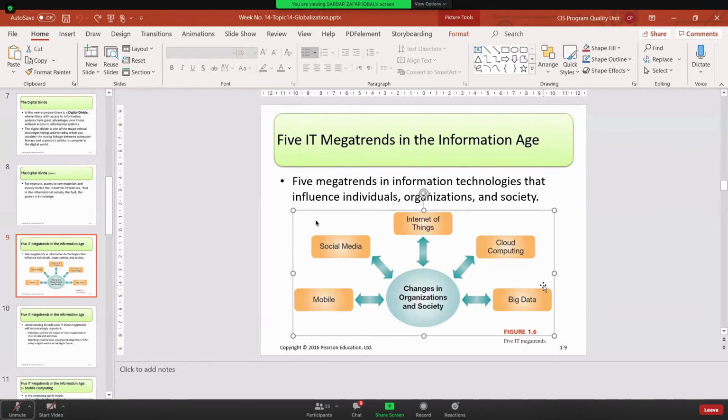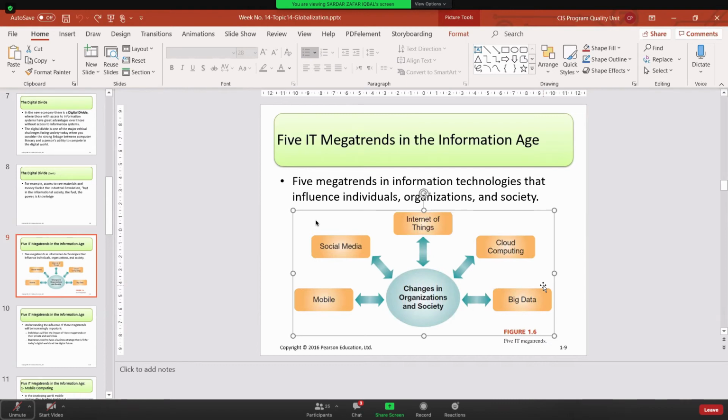If you throw your mobile in the basket, what kind of change will you feel in your life? So it will be hard. It will be very hard. All these things are putting an impact on individuals, on organizations, and even on society.